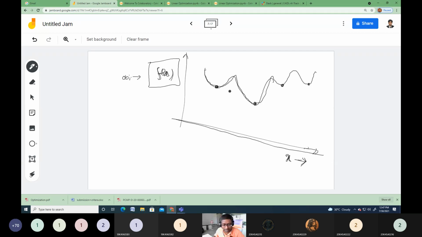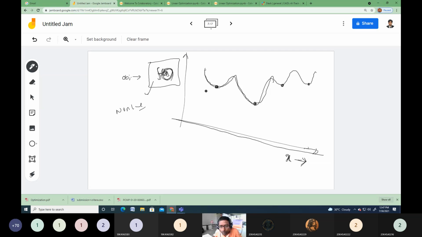I want to stress this once again, because if you are unable to understand this concept, it's very difficult to understand machine learning optimization completely. If we are dealing with a non-linear optimization problem, your objective function should be a non-linear function of your decision variable.